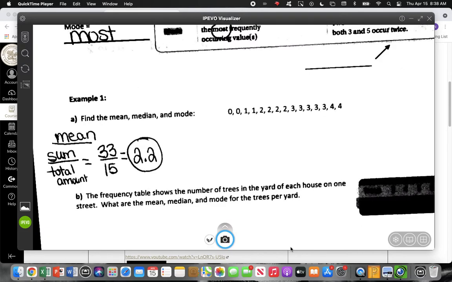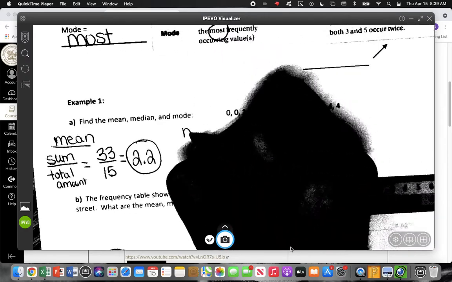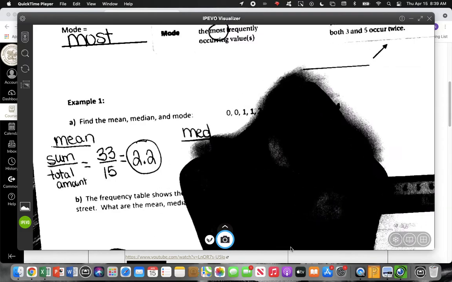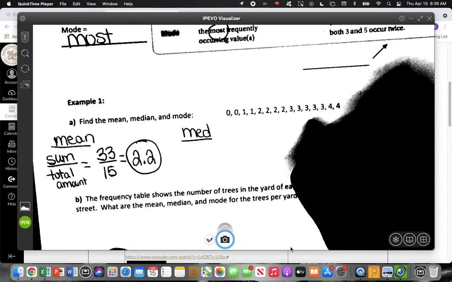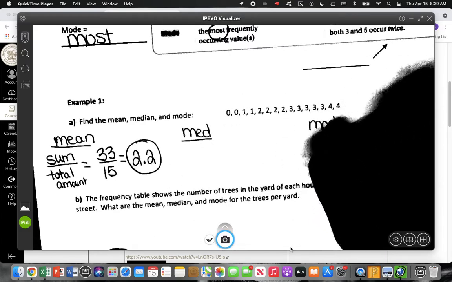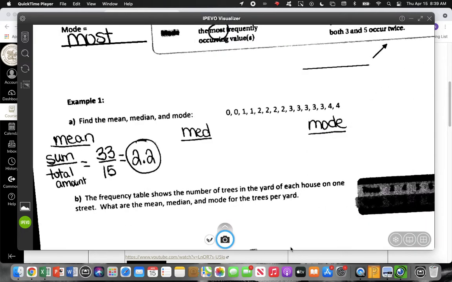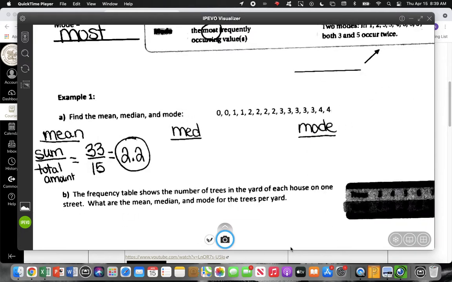All right. Now let's take a look at the median. Actually, let's go over here and look at the mode first. We'll go back and do the median in just a second. Out of all of those numbers, which one do you see the most?